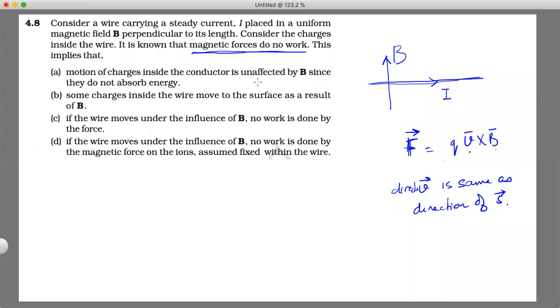That is not true because they experience a force. So motion is affected, but work is not done by that motion, right? Motion can be changed without doing work. We know the centripetal force is a classical example, right? So this is not true. Because there is a force, the motion is affected.